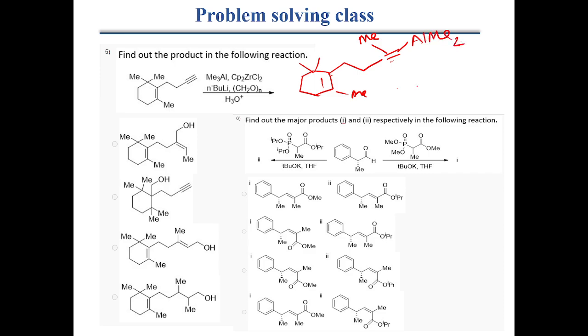So the carboalumination happens here. Now this, in presence of butyl lithium, the aluminum will react, giving this one.